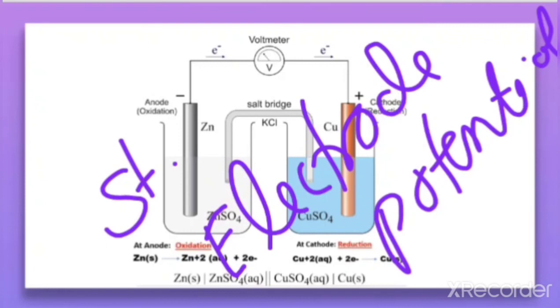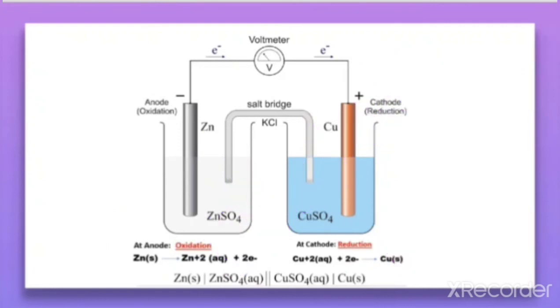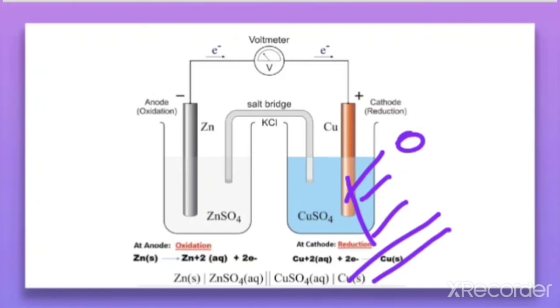Standard electrode potential is represented by E naught. For the hydrogen electrode, the standard electrode potential, E naught value, is 0 volt.